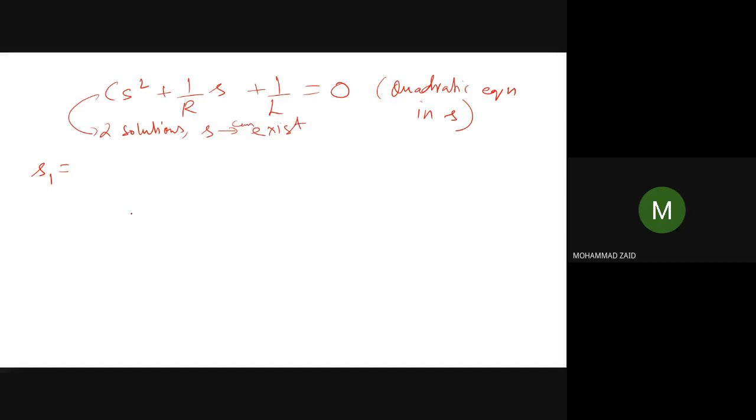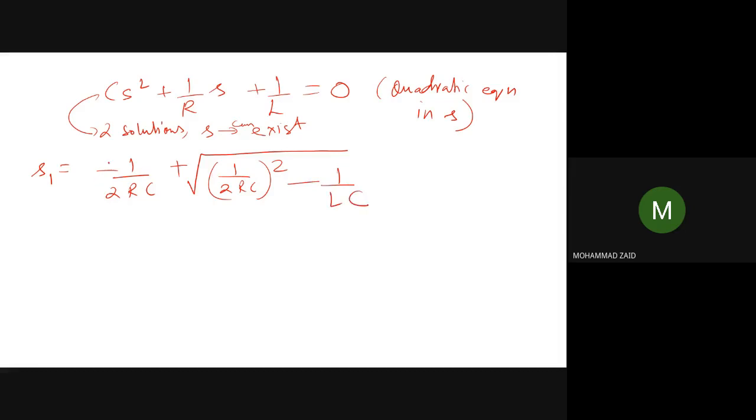Okay, so s1 is equal to minus 1 over 2RC plus under root (1 over 2RC)². Any approach you can apply, whether you solve it directly or using Laplace transformation, you are free. I am liking this approach, so I am using this. You will get the same solution.